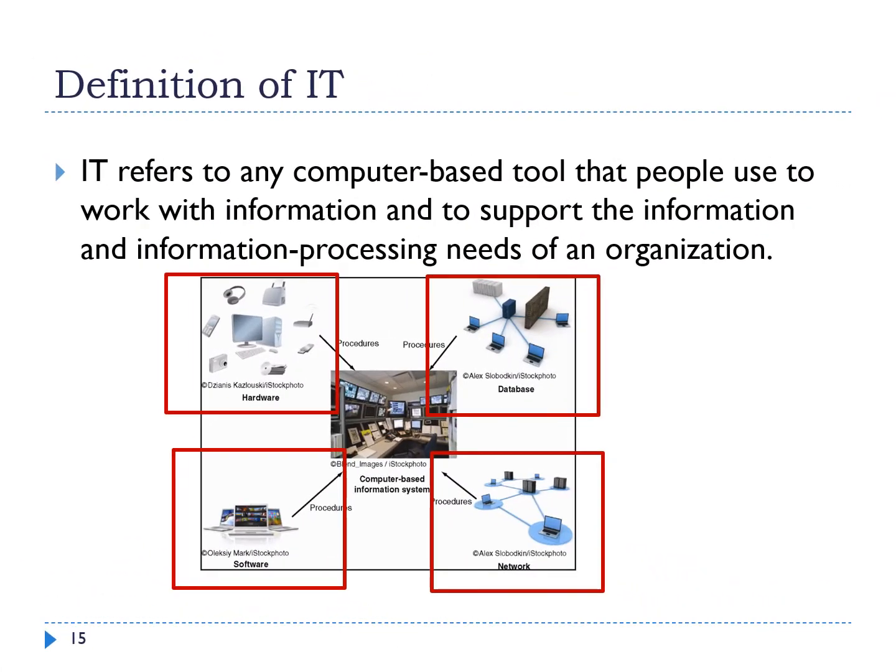Okay, now let's take a look at the definition of IT. IT refers to any computer-based tool that people use to work with information and to support the information and information processing needs of an organization. Okay, here is the question.